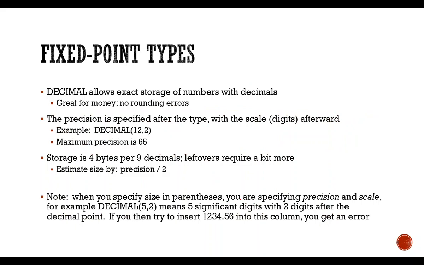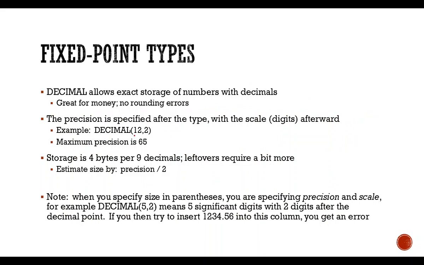When you're doing simple addition and math on your calculator, sometimes you'll get something like 0.000001. Well, that's because of floating point math, right? That sometimes can happen. With fixed point math, that's not going to happen because, again, what SQL is going to do is store these things as whole integers, and then it's just going to move the decimal point afterward to where it looks like it's a decimal or a floating point number.